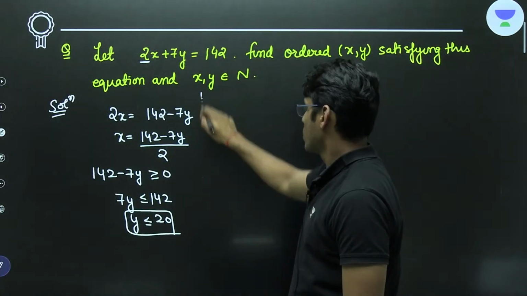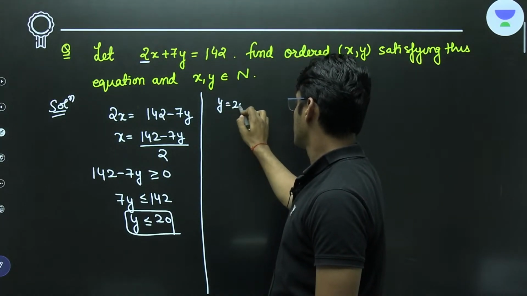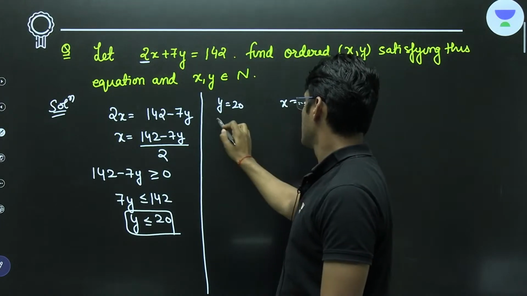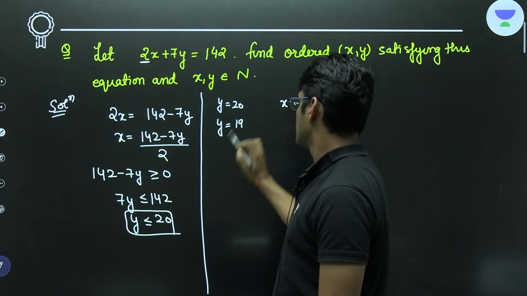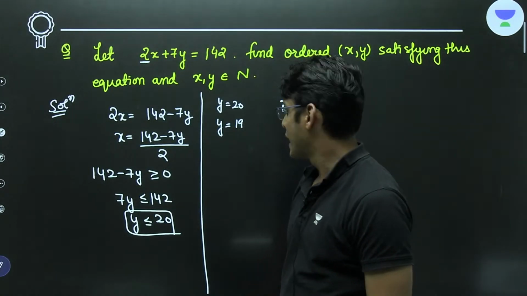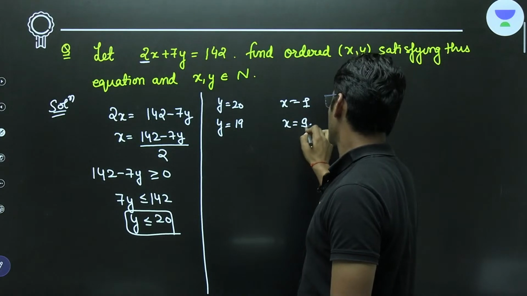Now this is a very tedious task. Putting y equals 20, then x equals 1. Put y equals 19. Now 19 sevens are 133, so you have x equals 9 by 2.